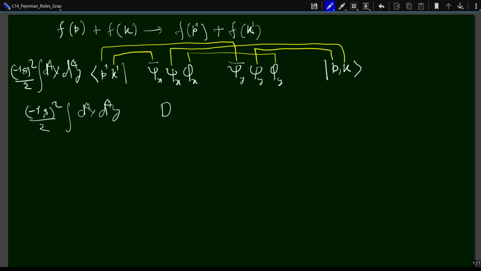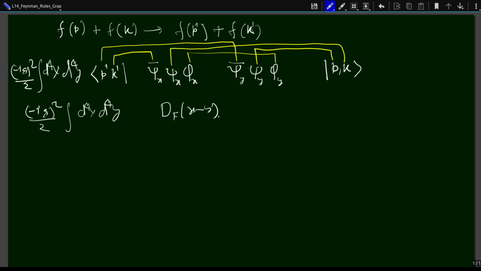And here we find that, well, first of all, this x and y contracted together will give me a Feynman propagator for the scalar, which is D_F(x minus y). Okay, that's not an issue. Then the psi's here contracted with p and k will keep on giving various factors. So let me just see at y what kind of factor I get. So at y, psi bar acts to the right, psi acts to the right, and psi bar acts to the left.